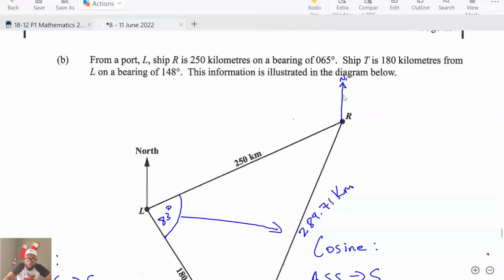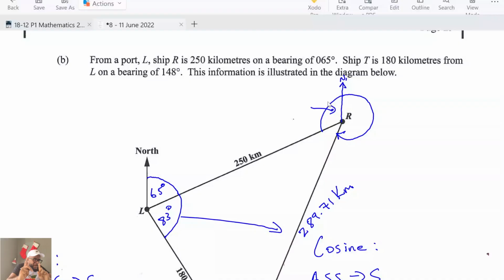They want this whole big angle here. But what could we find? We knew here was 65, and we could find the angle here. 180 minus 65, because these are not alternate angles.